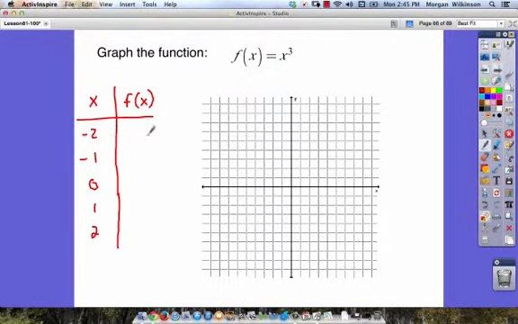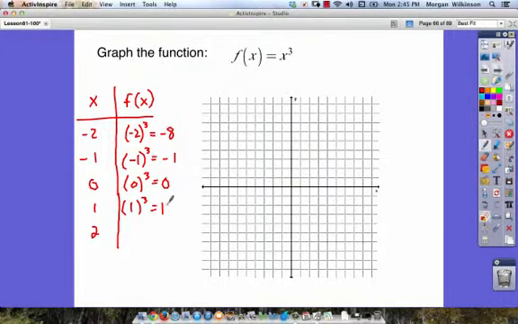If x is -2, f of x is going to equal -2 to the third power, and that's going to be -8. If x is -1, -1 to the third power is going to be -1. 0 to the third power, that's a nice one. That equals 0. 1 to the third power equals 1.